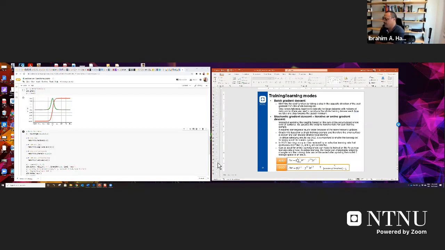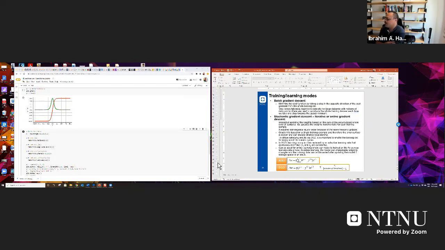So in batch gradient descent, we update the weights using the cost gradient from the whole training set. So we calculate the cost gradient, or the mean gradient, for example, from the whole data set, and we use it for adjusting the weights of the neural network one time each epoch.